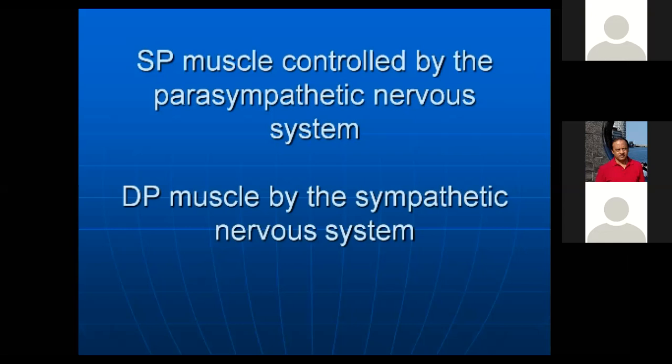And both these muscles are controlled by different nervous systems. The sphincter pupillae muscle is controlled by the parasympathetic nervous system, and the dilator pupillae muscle is controlled by the sympathetic nervous system. So these are the two different nervous systems which control the iris, and that's why the pupil sometimes gets constricted, and at other times it gets dilated.